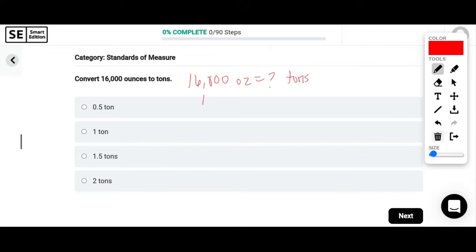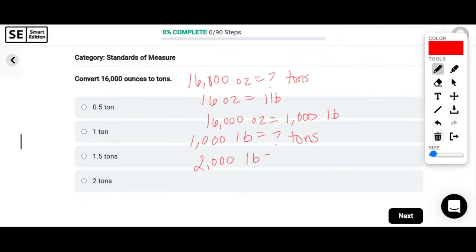I know that there are 16 ounces in 1 pound, so 16,000 ounces would be 1,000 pounds. Now I can use that 1,000 pounds and say, how many tons is that? Because those are the same as the 16,000 ounces. There are 2,000 pounds in a ton.